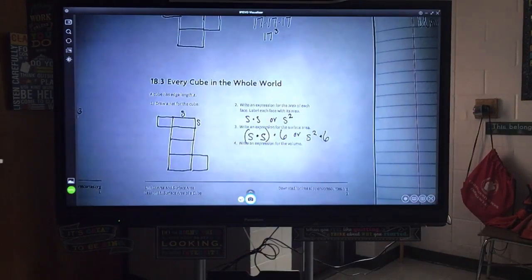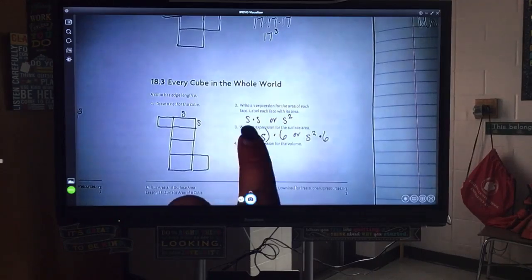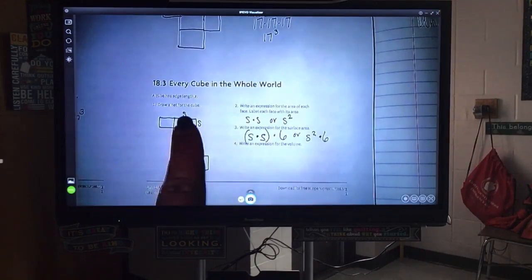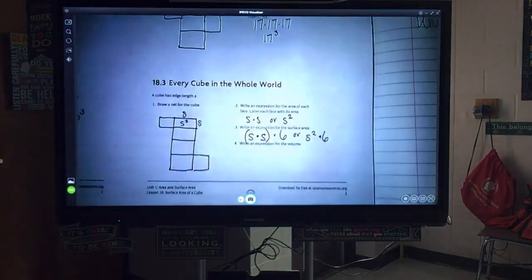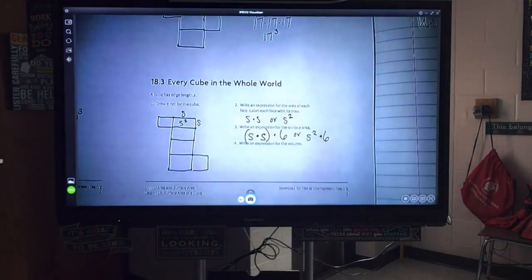You have a question? Could you go back and look at number 2, label each face with its area? Did we do that? We labeled each face, like you're talking about this. Yes. I'm not going to write S squared 6 times, so not happening.